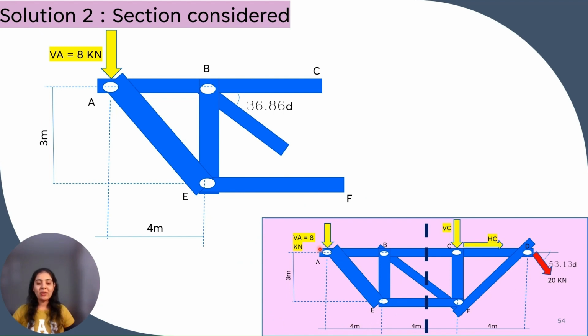Why? Because it has only one reaction. So it is easy to solve. So I have cut the truss at the section and drawn the half part, that is the left part of the truss.